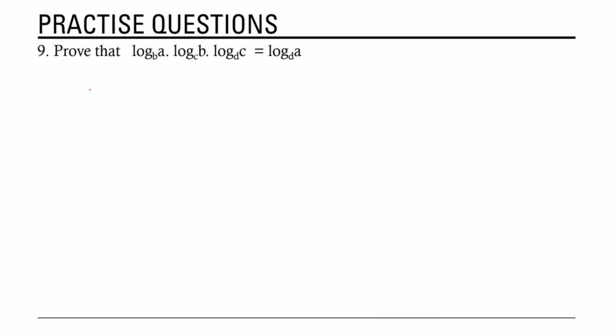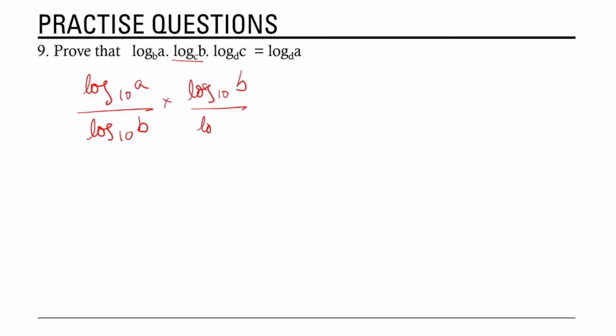Log A to the base B, I can write it as log A to the base 10 divided by log B to the base 10, into log B to the base C, I can write it as log B to the base 10 divided by log C to the base 10, into log C to the base D, I can write it as log C to the base 10 divided by log D to the base 10.